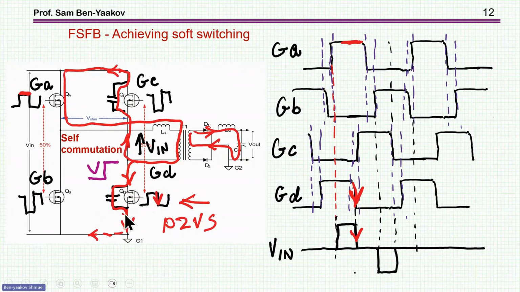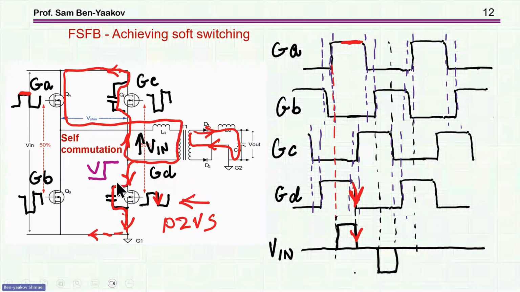When I'm turning it off, and this will be this transition here, then this is the case of a current carried by the transistor and being turned off. So this is what we call a pseudo zero voltage switching. And now this current is charging or discharging this node here.